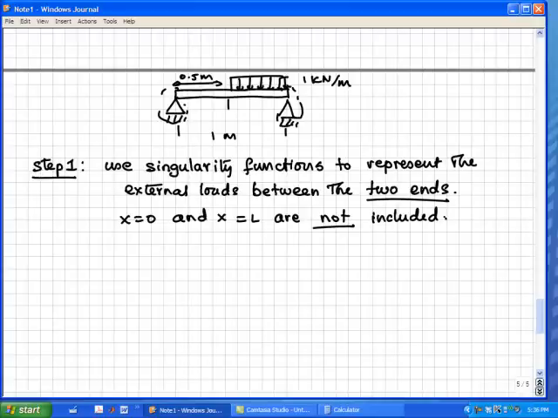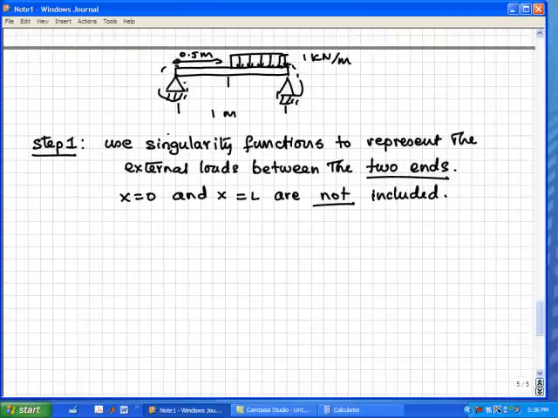The book actually asks you to include it. I personally think it's a bad idea because it will confuse how the boundary conditions are applied. If you do it my way, you will always do the same thing irrespective of the problem. If you do it Shigley's way, for every kind of problem you have to do a slightly different approach, and I'm sure this will drive you bonkers in an exam. If you do it my way, it's very simple: ignore the tips of the beam. Anything in the middle, we have to account for.